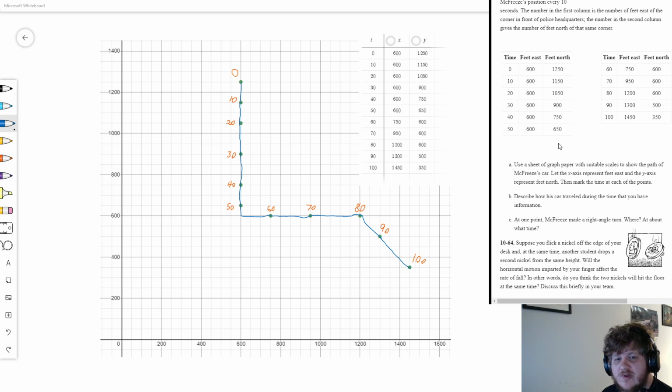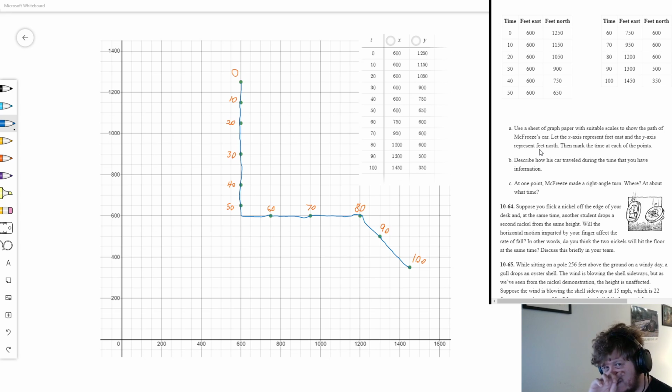Within this, we now need to discuss how this shows the motion of the car. How would we describe the motion? What we really need to focus on is how the position changes over time.